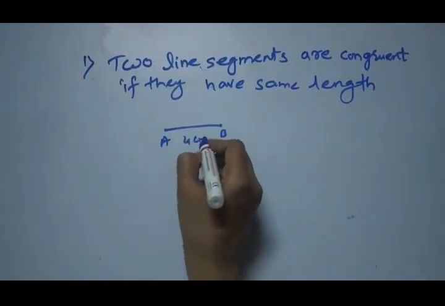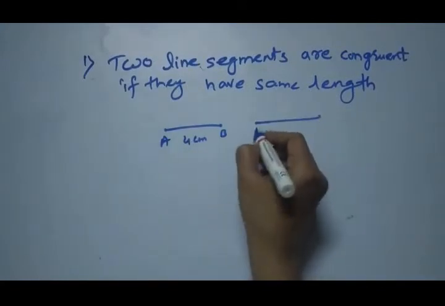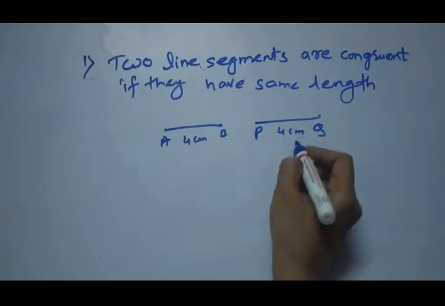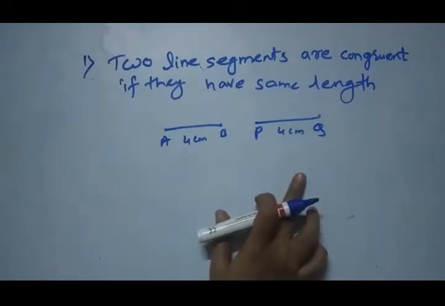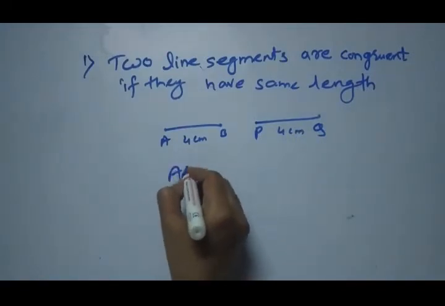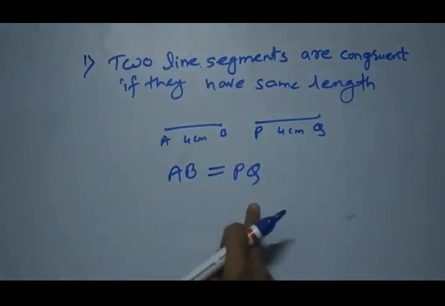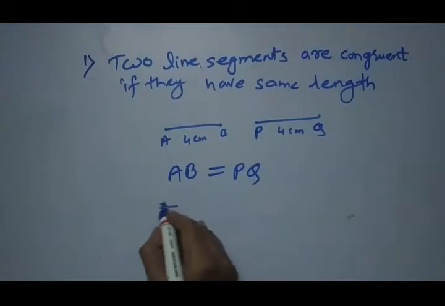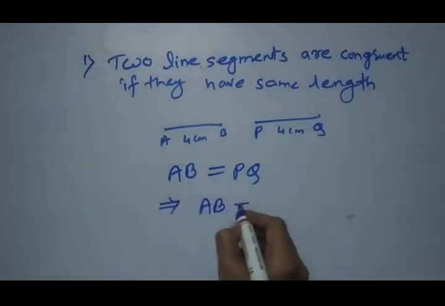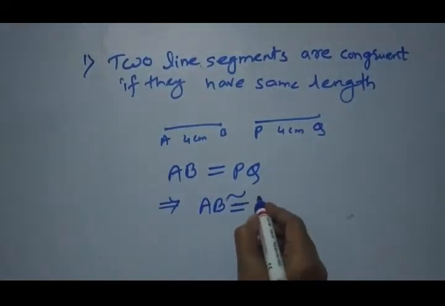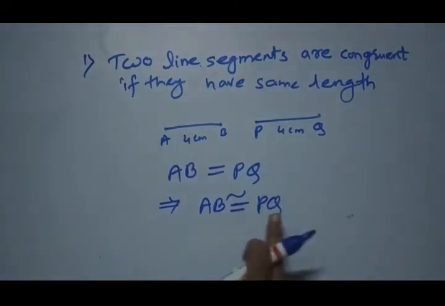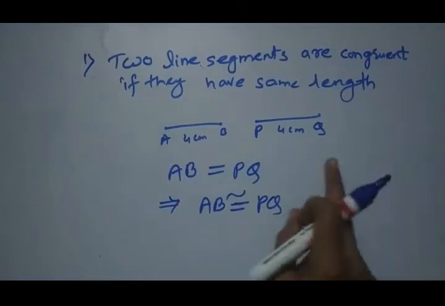It is 4 centimeter. Again you have line segment PQ. It is also 4 centimeter. So for AB and PQ, both lengths are the same. AB is equal to PQ, because both are 4 centimeter. So you can say AB is congruent to PQ because they both have line segments of equal length.